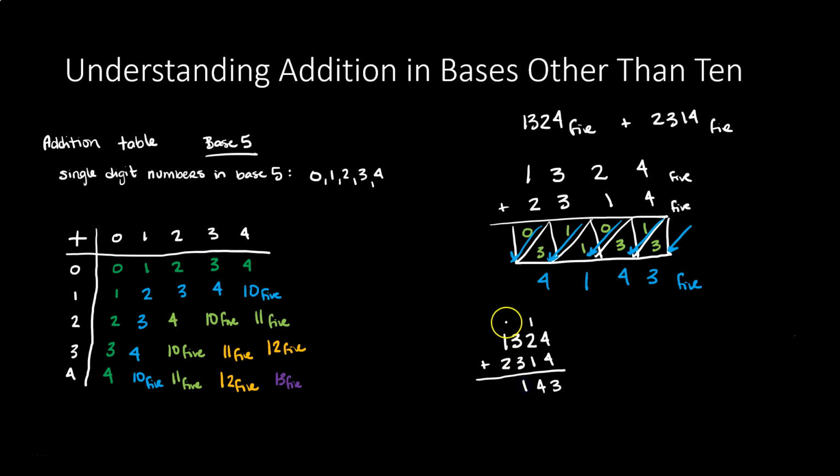So I leave the 1, carry the group of 5, and then I add 1 plus 1 plus 2, which is equal to 4. So I would get the same answer, but there are so many mistakes that can be made, because this is so brand new to us that it's possible you might get it wrong just by using the standard algorithm.